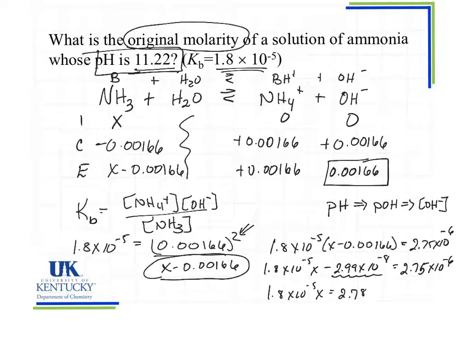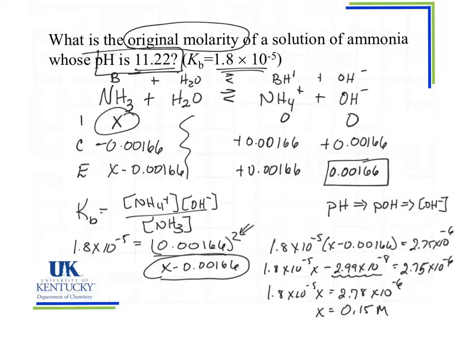I'm adding it, so it goes up a little bit, times 10 to the minus 6. Then I will divide by the 1.8 times 10 to the minus 5, and it leaves me with an X equal to 0.15. And since X was the original concentration of ammonia, I have found my answer.